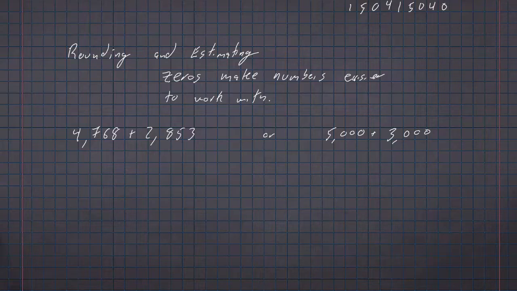I hope you will all agree that 5,000 plus 3,000, without having to write out the columns at all, we can just look at and say that that result is going to be 8,000. By looking at that, I know that if I try to add 4,768 plus 2,853, I'm going to get something close to 8,000. Not exactly 8,000, but within a ballpark.